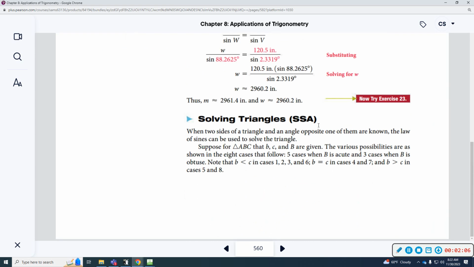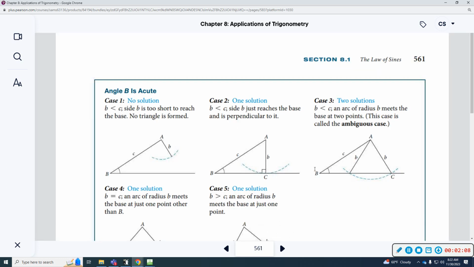So side, side, angle. These are the different scenarios that will arise. So you might have no solution if one of the sides is too short, it does not make a triangle. One solution if it's a perpendicular, you get a right triangle. There is the ambiguous case where you can get 2 solutions. So this is the one we got to look out for. So whenever you're given 2 sides and 1 angle, we always need to check for this.